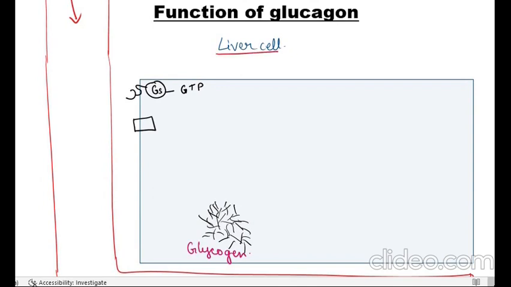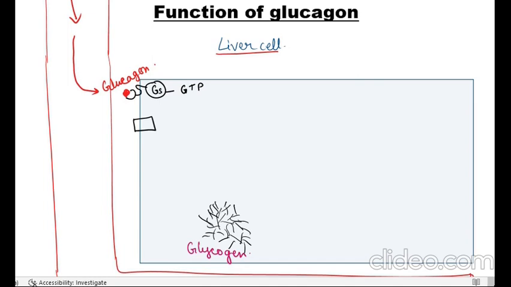In the liver cell, what will happen? This glucagon will come out here and sit on the receptor. Glucagon came and sat on the receptor, and because of this, what will happen? This is a GPCR. It is bound to a G protein, which is bound to a GTP.